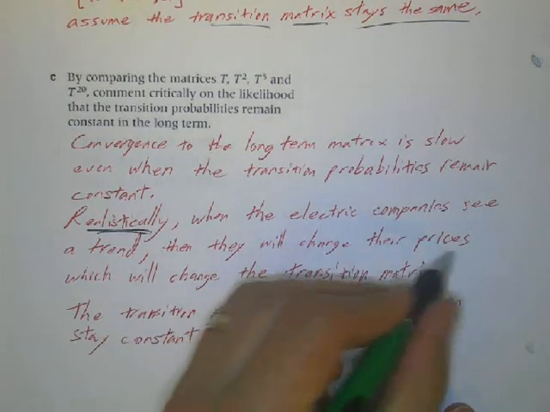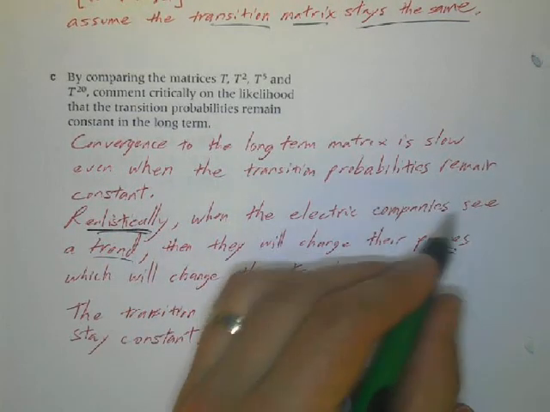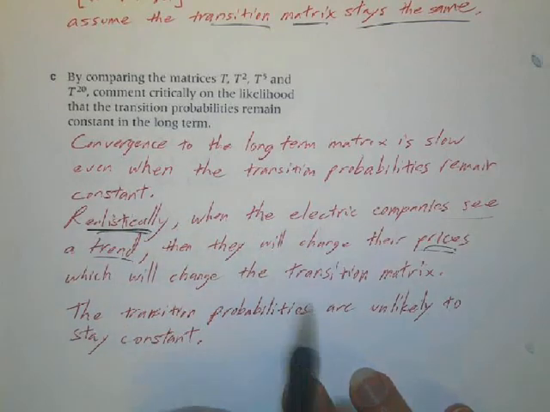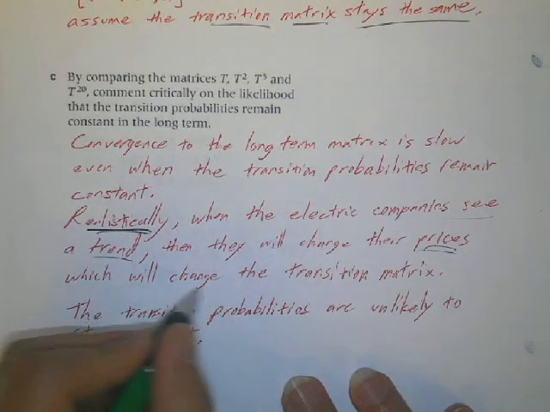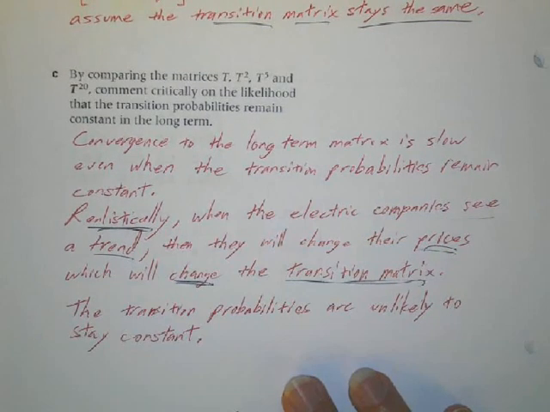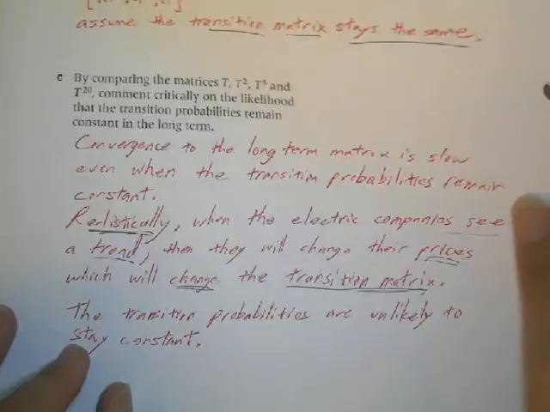The companies would notice the trends that are happening, and they might change their prices. And if they change their prices, that changes the transition matrix. So this only works if the transition matrix stays the same. So that might be one of your limitations.